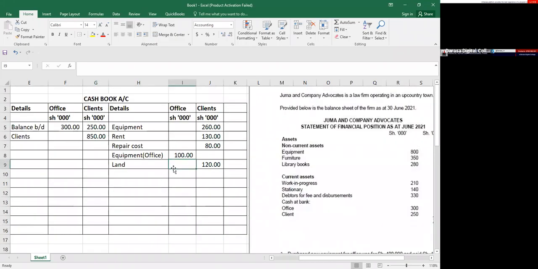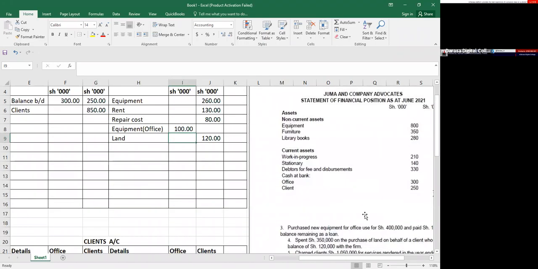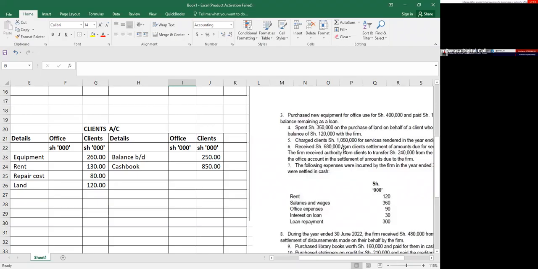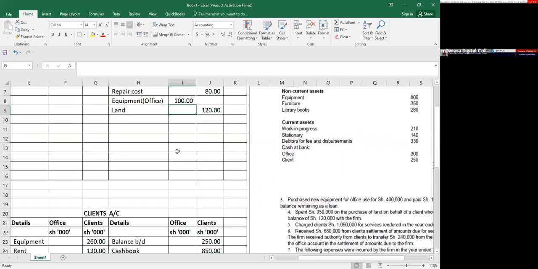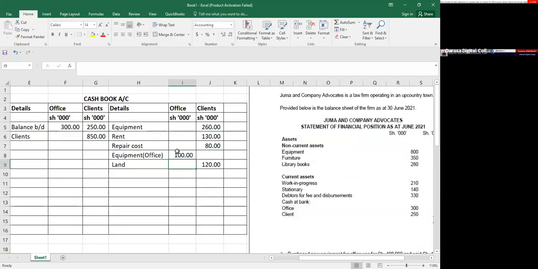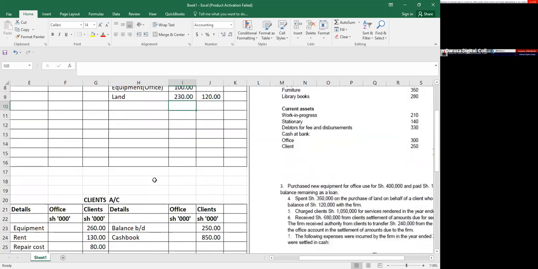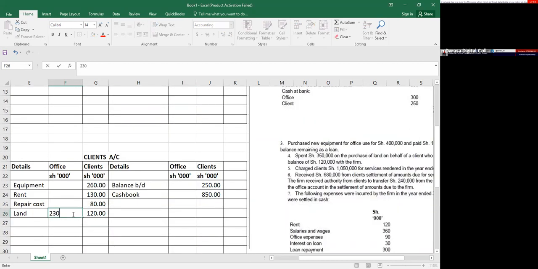So the difference of the cost of land: 350 minus 120 gives us 230. So I'm going to have 230 here as well.